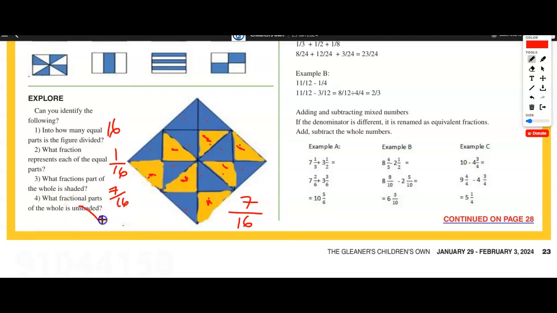And what part of the whole is unshaded? 1, 2, 3, 4, 5, 6, 7, 8, 9. So 9/16. Now if we have 9/16 and 7/16, we add these two, we should get 16/16, which is the whole.